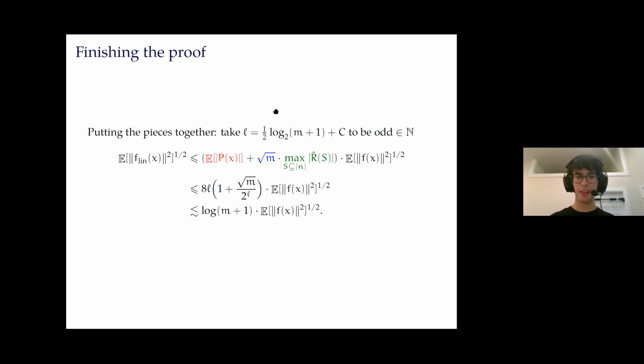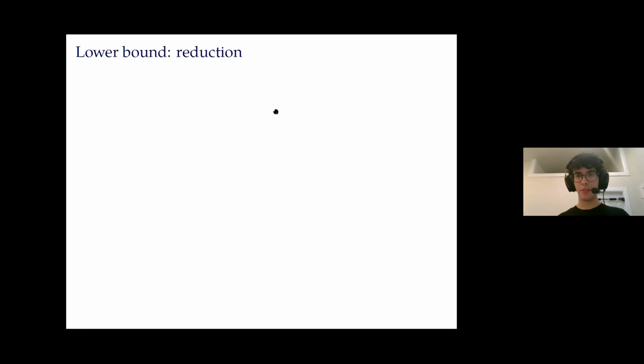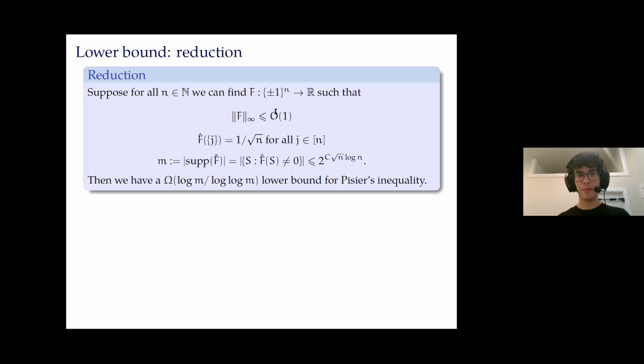While Bourgain's original construction was giving a tight log m bound, it was not explicit. So we give an explicit function that achieves a log m over log m. So it's getting there, but there's this trade-off of being explicit versus getting the tight bound. Here's how this is going to work. We're going to have a reduction from this problem to the lower bound.